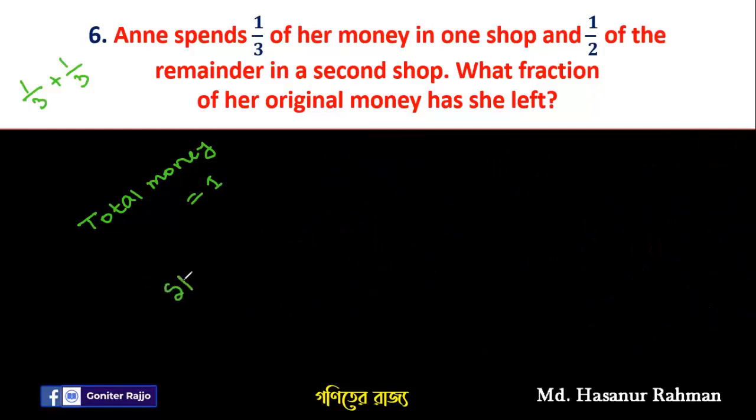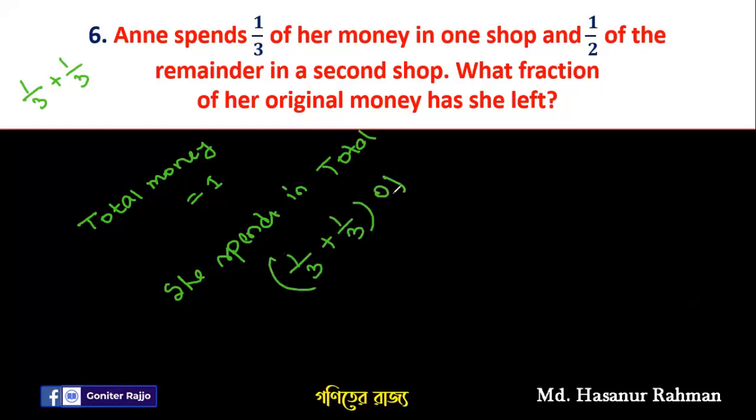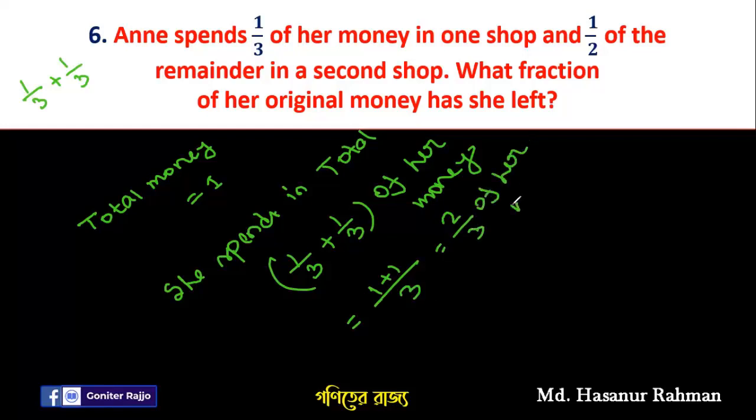She spends in total 1/3 plus 1/3 of her money. So 1/3 plus 1/3, 3 will be the LCM. So 1 plus 1. So the answer will be 2 by 3 of her money.